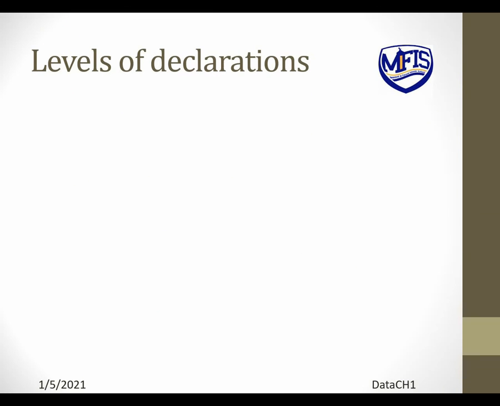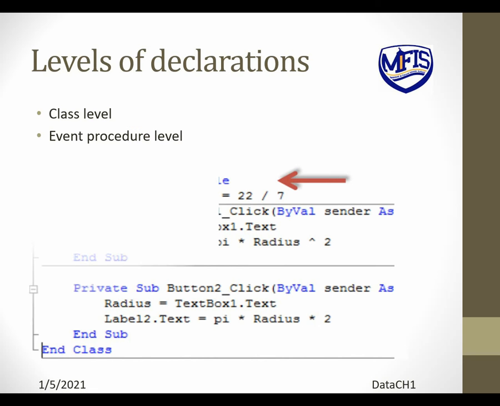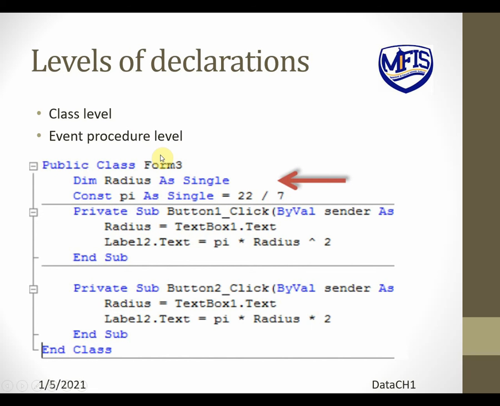Yes. We have something called levels of declaration: class level and event procedure level, which is button level. We can declare constants and variables on the class level to prevent writing the code many times. As you can see, in Public Class, which is the class level, we can declare the variable, and we can also declare the constants on the class level.